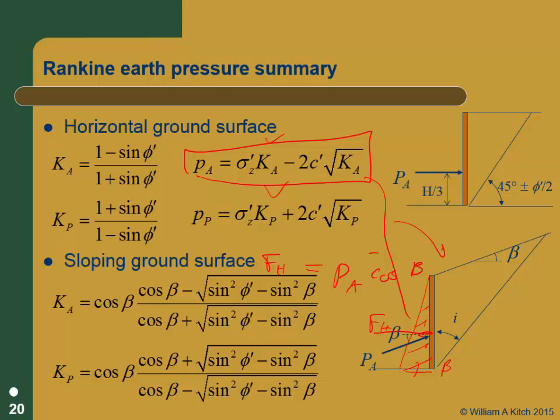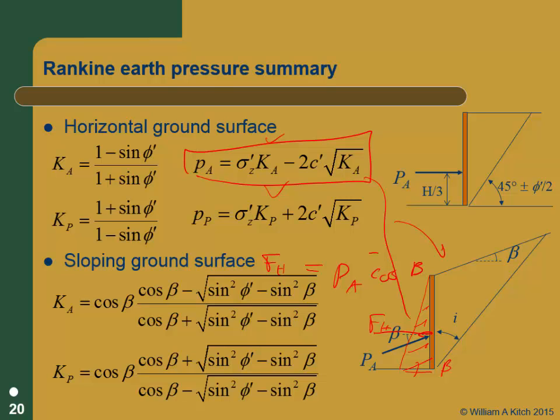And then the vertical one will be PA times sine beta. In both Rankine and Coulomb theory, the earth pressure coefficient is the ratio of the vertical stress to the resultant acting stress on the wall, not the horizontal stress. Does that make sense now?